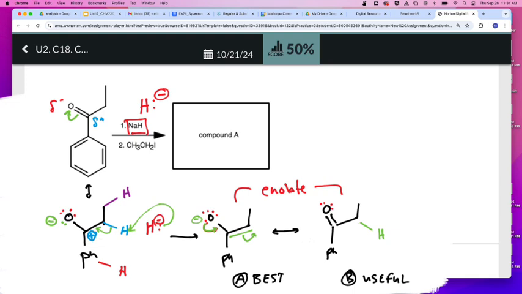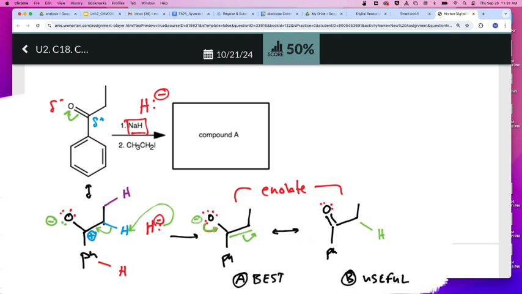Whereas in the other structure, the oxygen is sharing them with one, which means in the keto form, the oxygen is holding its electrons a little bit tighter than it is in the enol form. That's my half-assed argument.